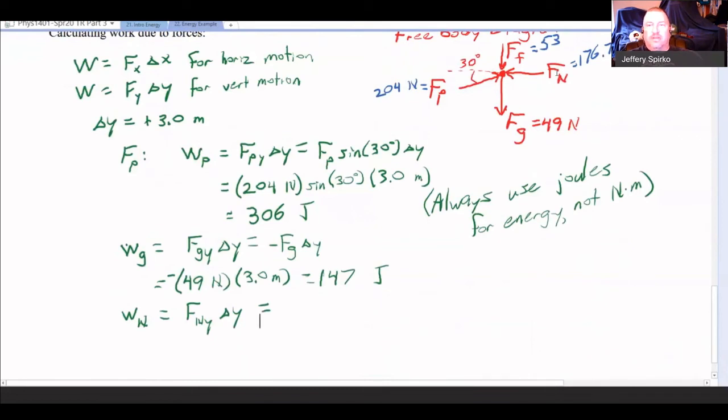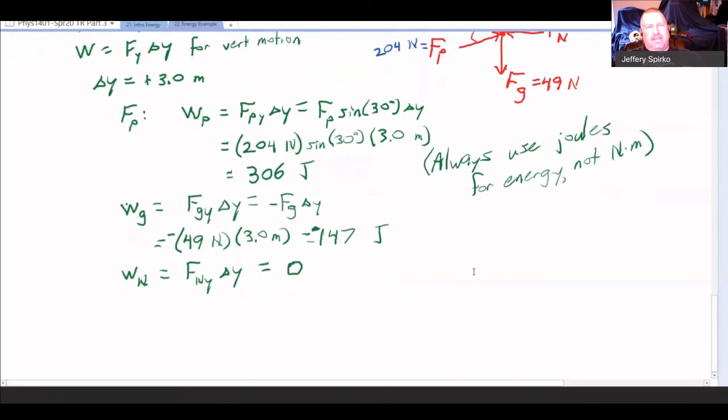A horizontal force has only x component. So we seem to have an imbalance. We have work due to the pushing force is 306 joules. That is energy going into our object. And the work due to gravity is negative 147 joules.